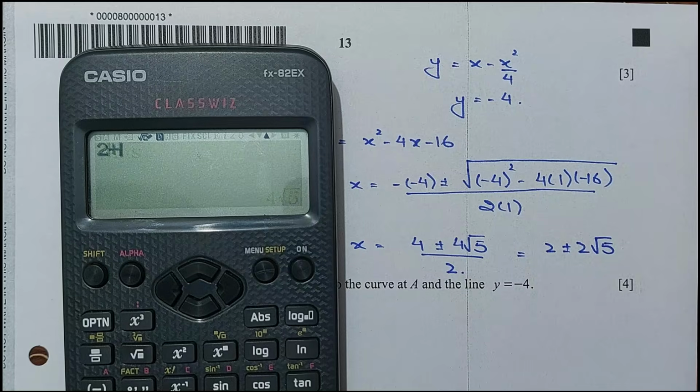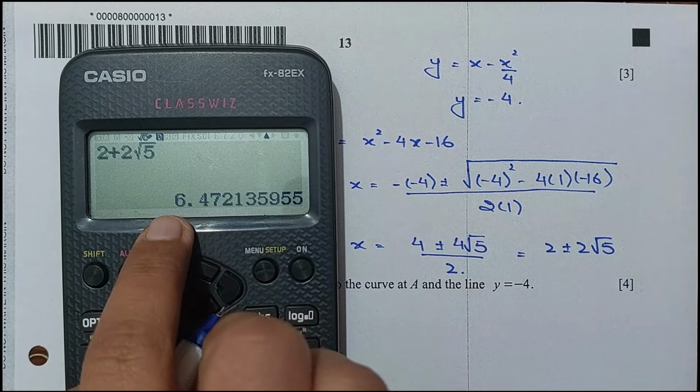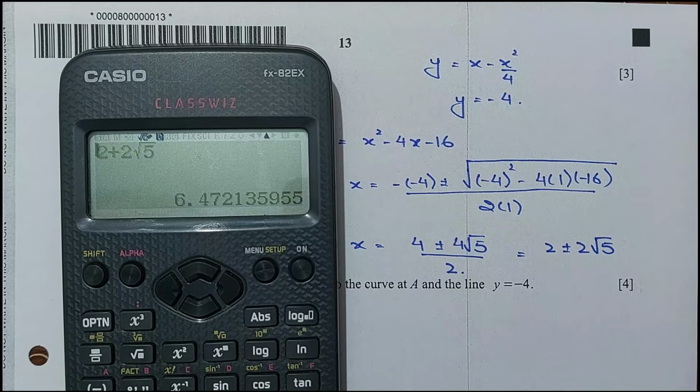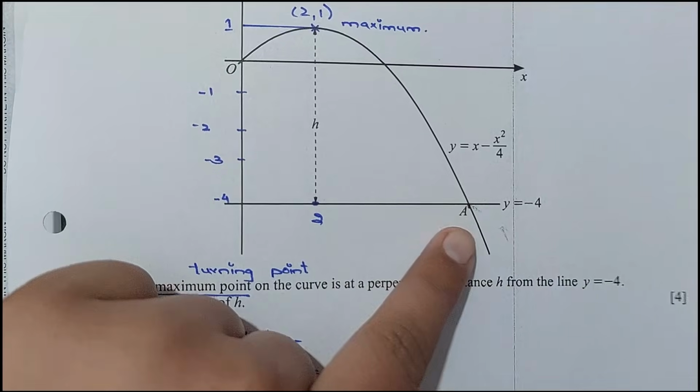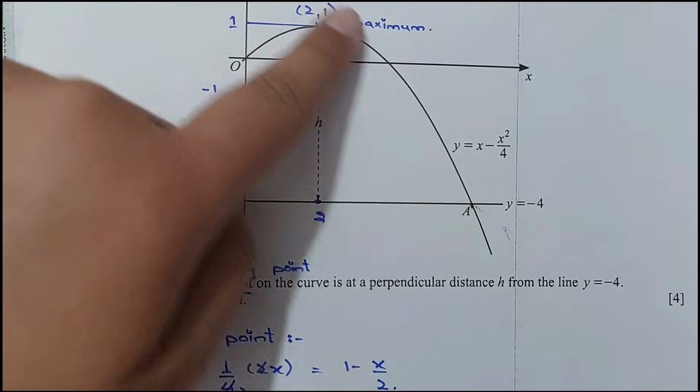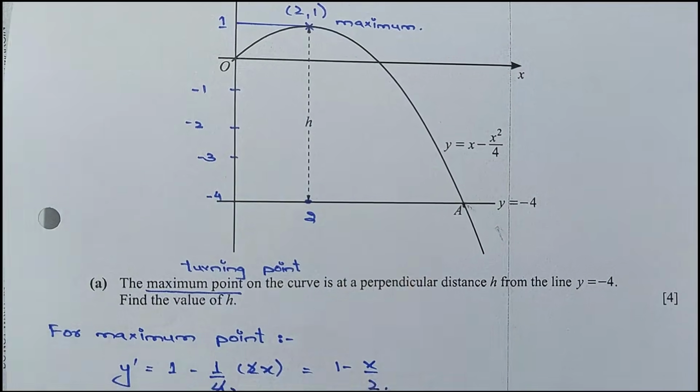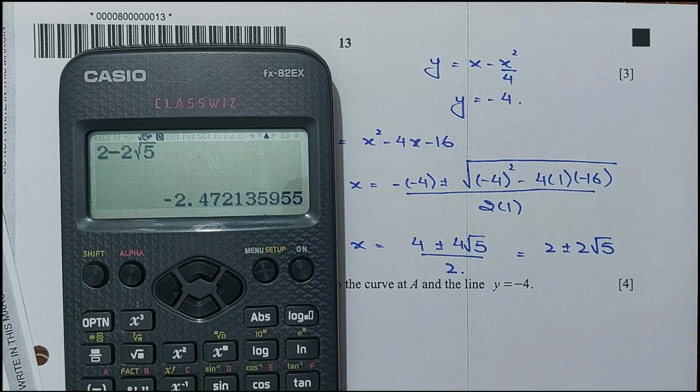If we take 2 plus 2 root 5, this is 6.47, and 2 minus 2 root 5 is minus 2.47. So this is on the positive side of the x-axis, not on the negative side. So we have to pick the positive one.